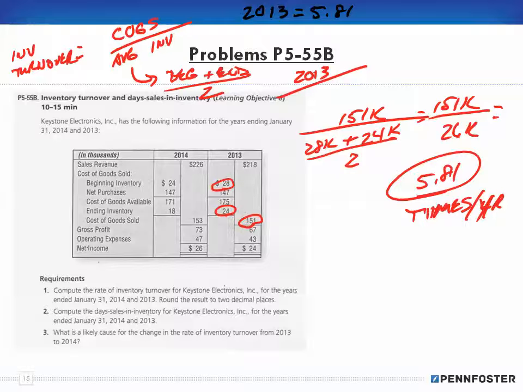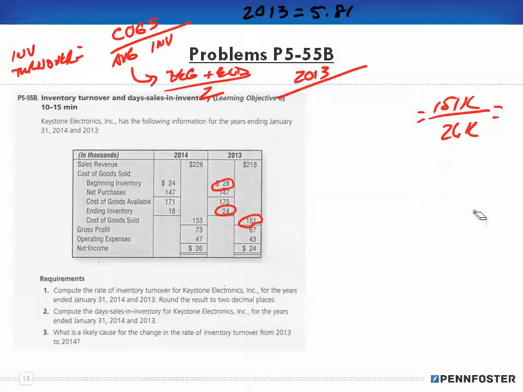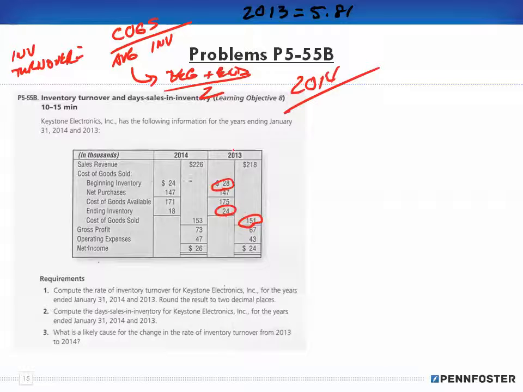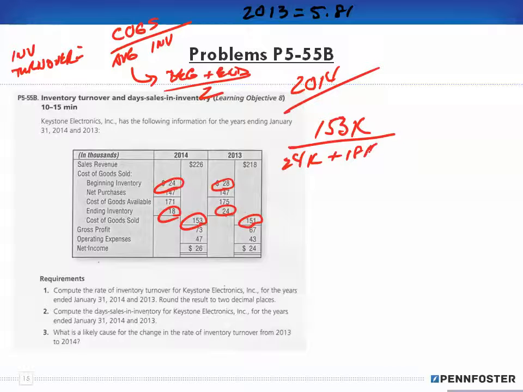Okay, so pause the video because I'm going to erase this. Okay, so for 2014, we're doing the same thing. Okay, we have 153,000, and that's over 24,000 plus 18, which is divided by 2.